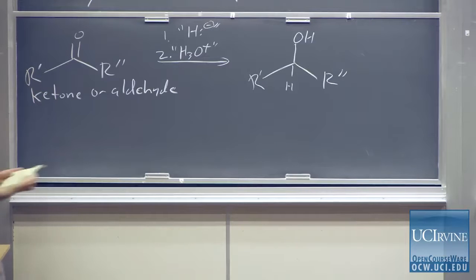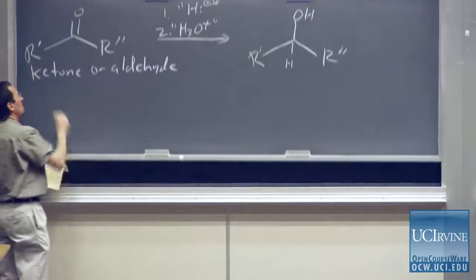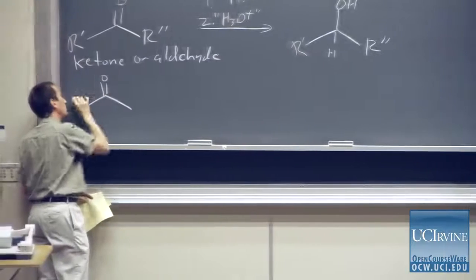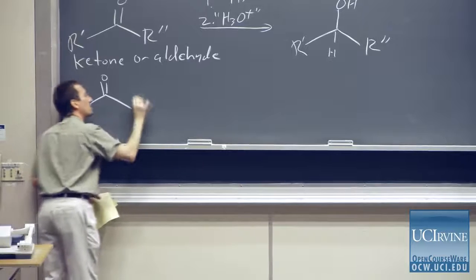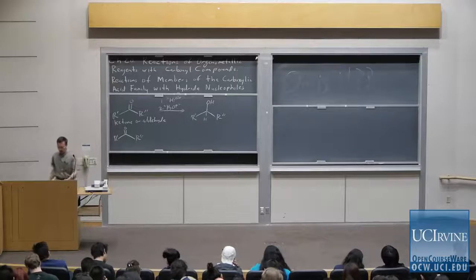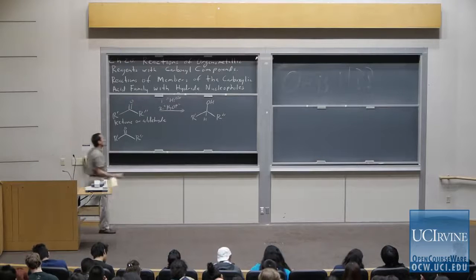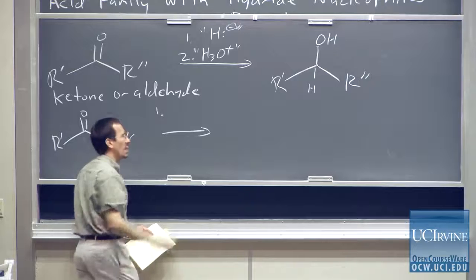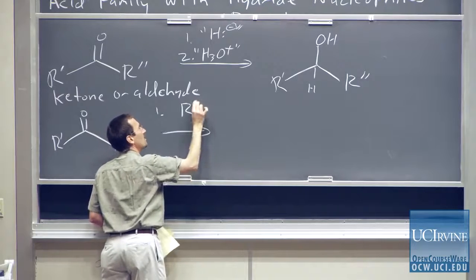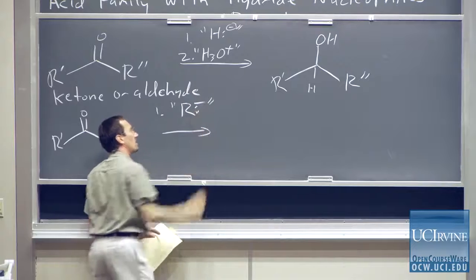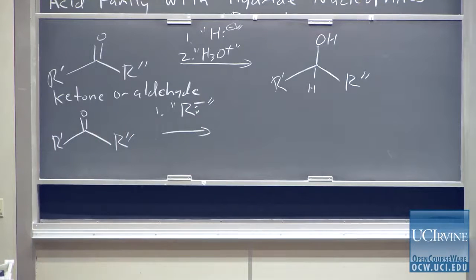Now, what I'd like to do at this point is to consider an analogous reaction, again written as an abstraction. We'll take our ketone or our aldehyde, and we'll imagine instead of adding our hypothetical hydride anion, we're going to add something that I'll say is R minus with a lone pair of electrons, meaning a carbon-based anion.